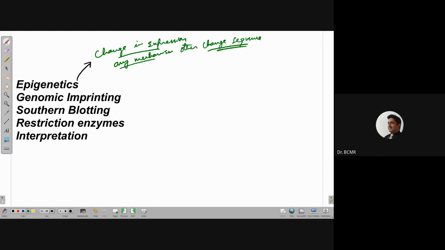These mechanisms are predominantly DNA methylation and histone modification, which are the well understood ones. Then we have chromatin remodeling, and then nuclear architecture.